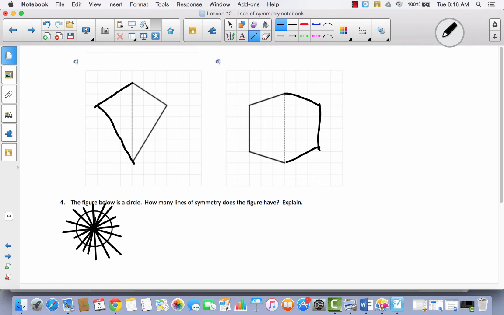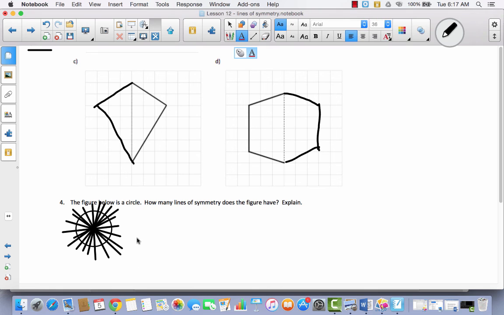As long as you went through the middle of the circle, it would be a line of symmetry. You could never count all the lines of symmetry. So do you know what that word is that you call something that you can never count all of them? In math, you use the word infinite. So how many lines of symmetry does this figure have?